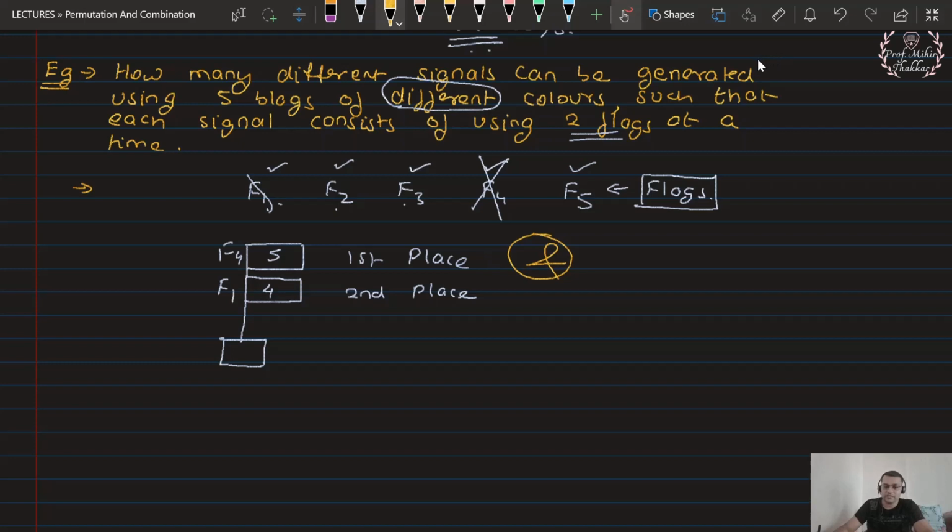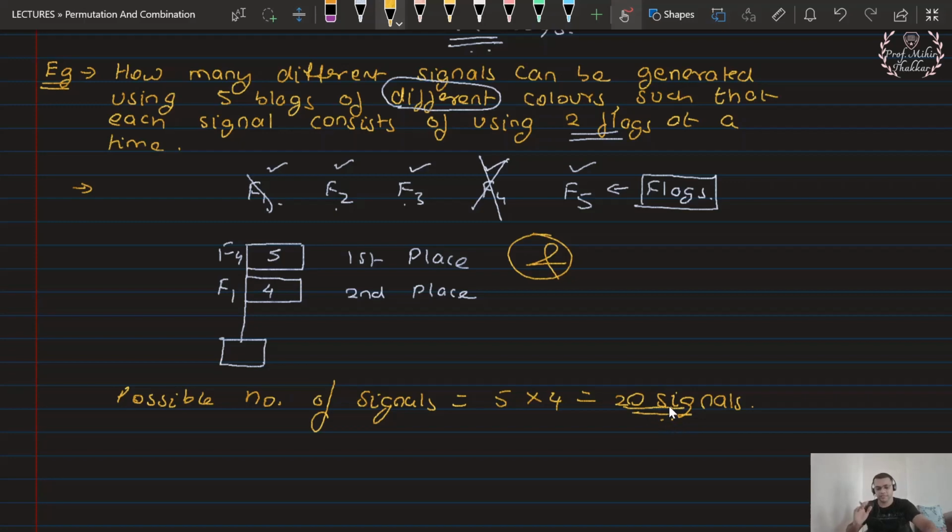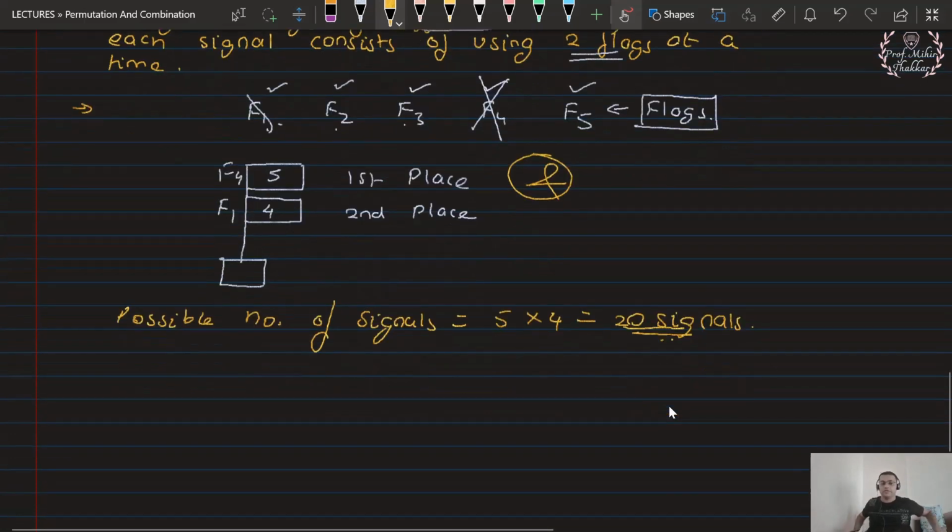So when I am considering AND over here, the possible number of signals is equal to 5 into 4, which is 20. There are totally 20 signals that can be generated using 5 flags, and each signal has 2 different colors at a time. Got it?